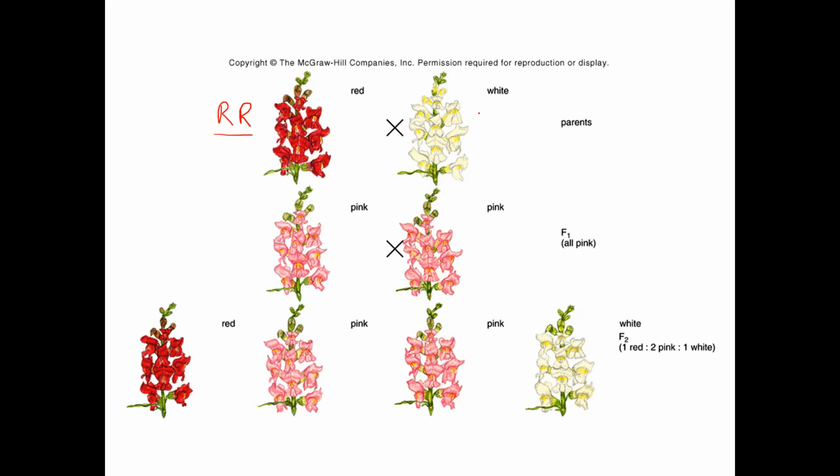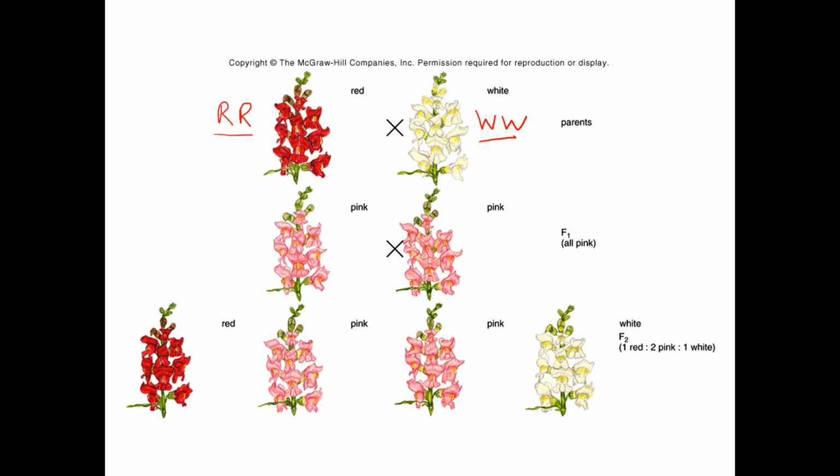Instead, we have to pick another letter to represent this. And of course, you notice I'm writing my letters as capital, right? So we have another one for white. So for example, I could just do W for white. So this would be our parent generation. Homozygous dominant, homozygous dominant, okay?